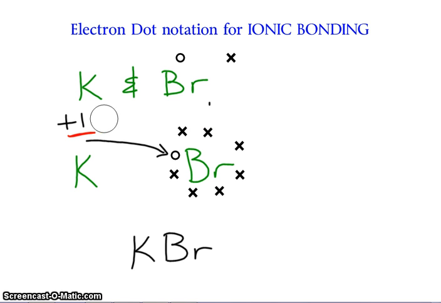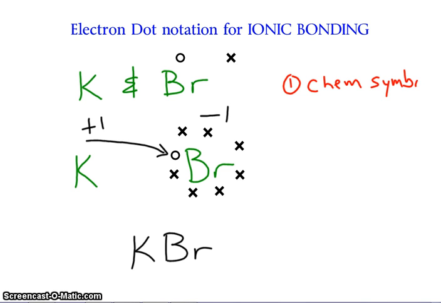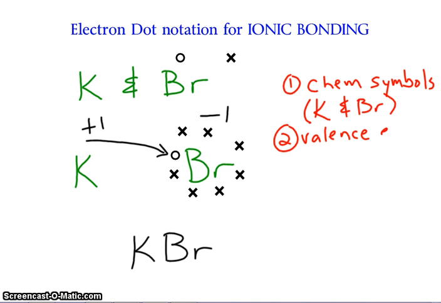When you do these problems for me to turn in or on a test, these are the things that I need to see. Number 1, the chemical symbols. In this case, it's the K and the Br. That's what I mean by chemical symbols. Second, show the valence electrons on each atom.